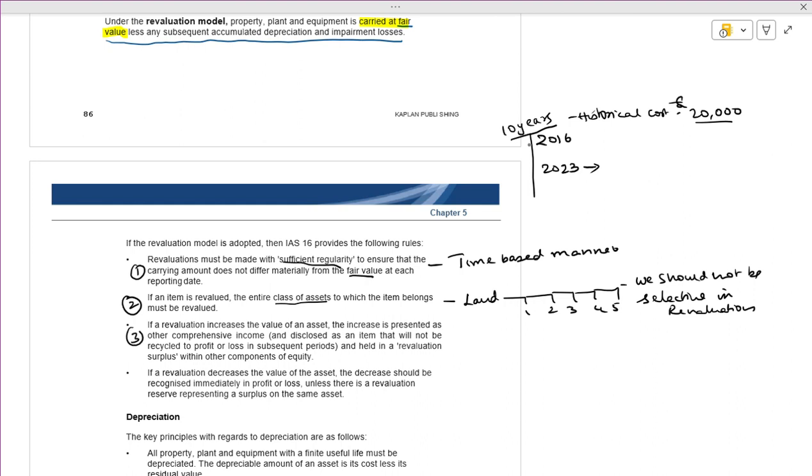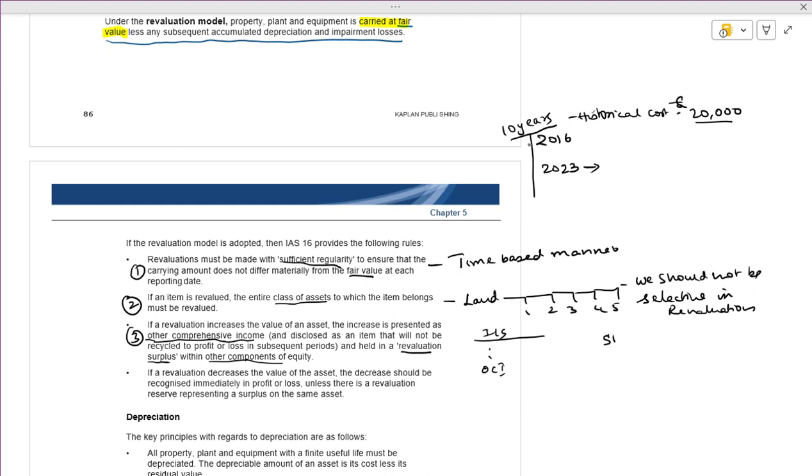If revaluation increases the value of the asset, it has to be presented in OCI. This is a point we use in calculations. If there is an increase in the asset, it has to be shown in other comprehensive income, and held as a revaluation surplus within other components of equity. Means on one side, in the income statement, it is shown as OCI, other comprehensive income.